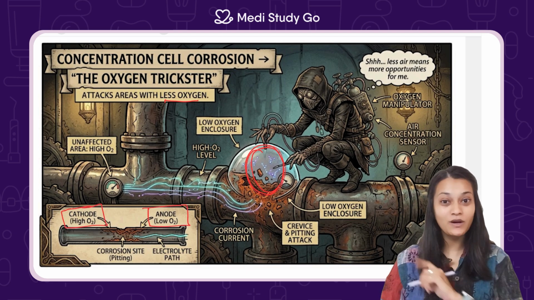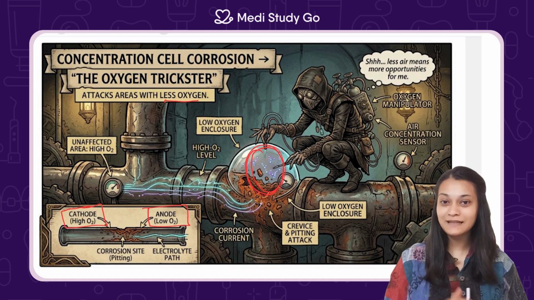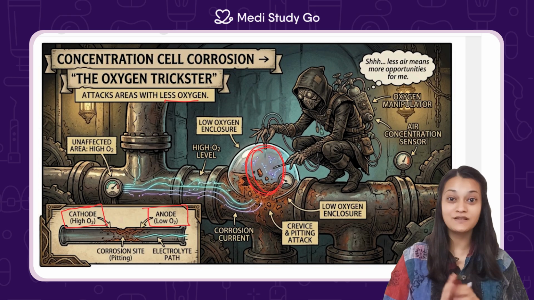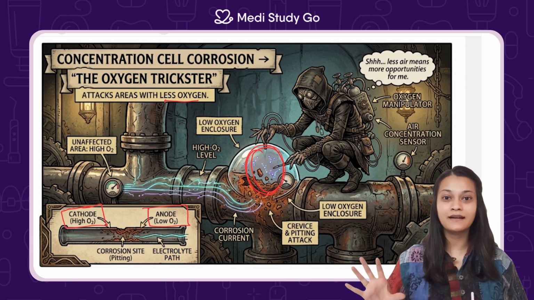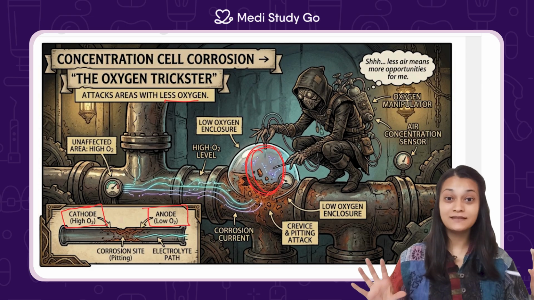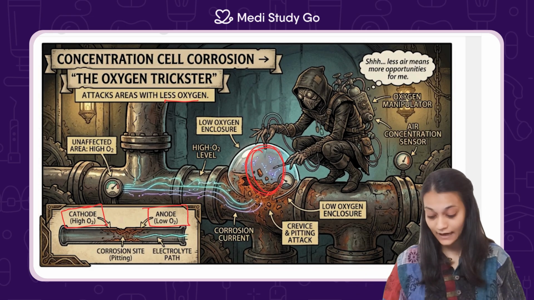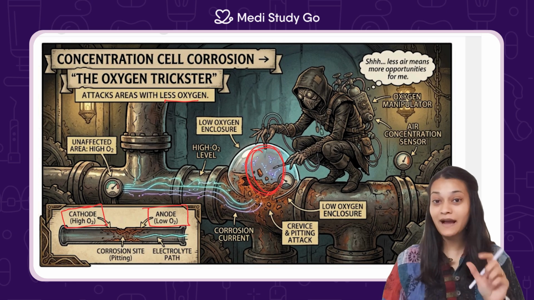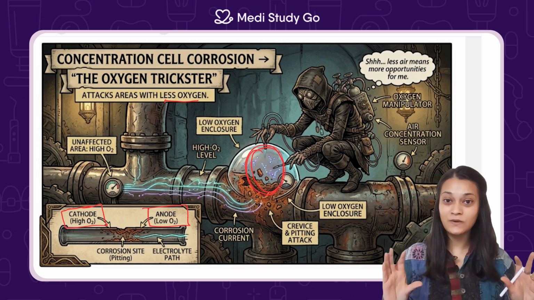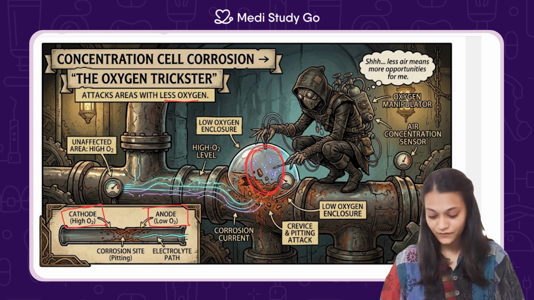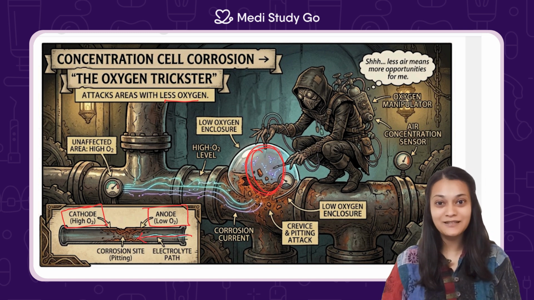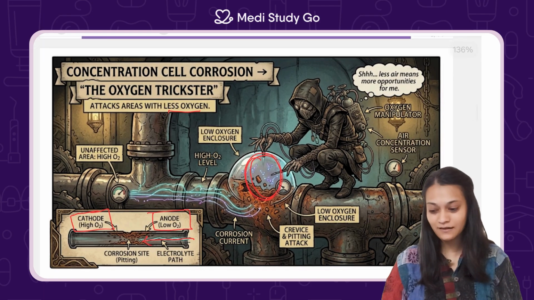You remember there was one option in the MCQ that we had seen, that high concentration of oxygen is going to prevent corrosion. No, it is not, because that will start acting as the cathode, while the other part that has become low in concentration will start acting as the anode. And because now I have my anodes and cathodes determined, there is going to be an electrolyte path which will start functioning and causing corrosion.